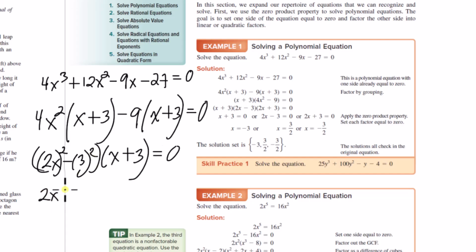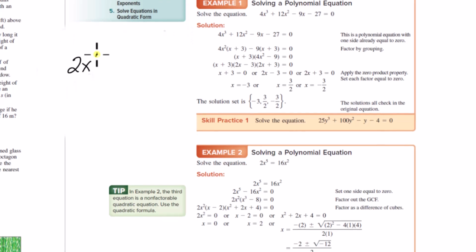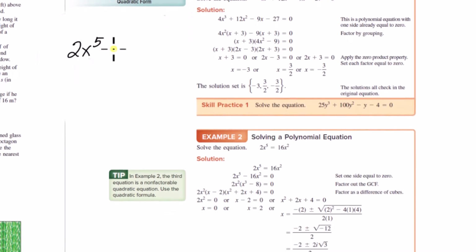So we can write this as 2x plus 3 times 2x minus 3 times x plus 3 equal to 0. So that's fully factored. And so you can see we're going to get x equal to 3 halves, minus 3 halves, and minus 3.